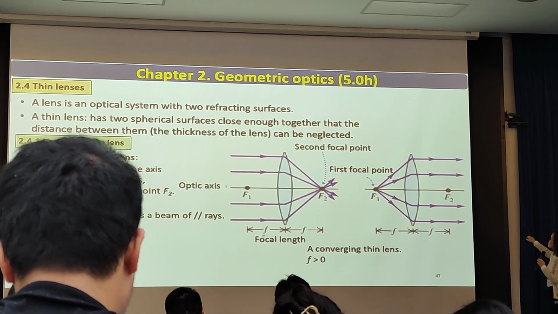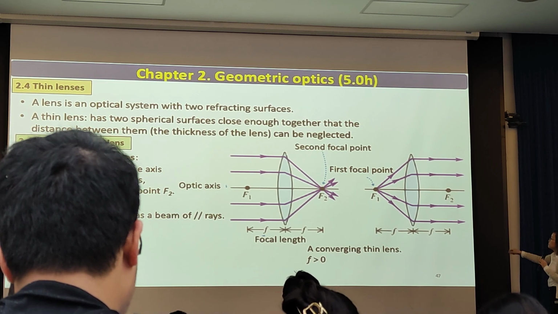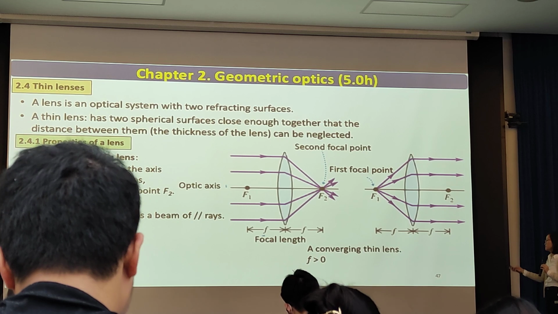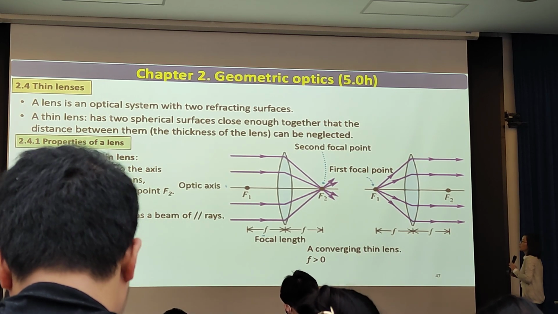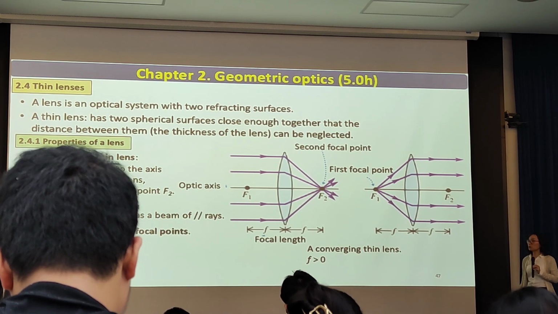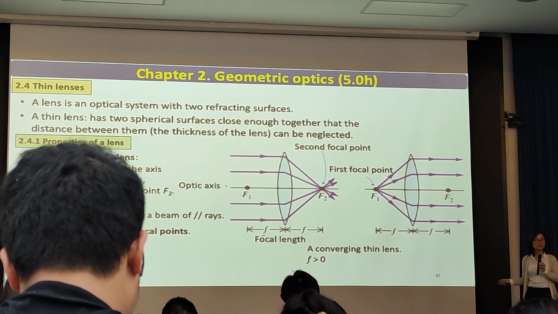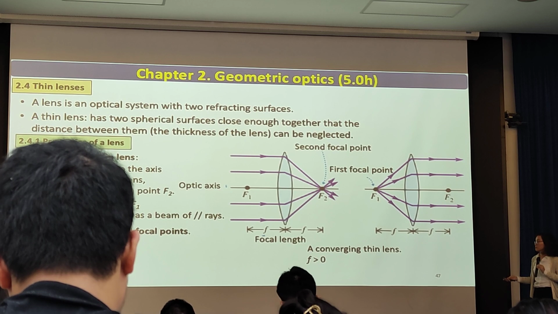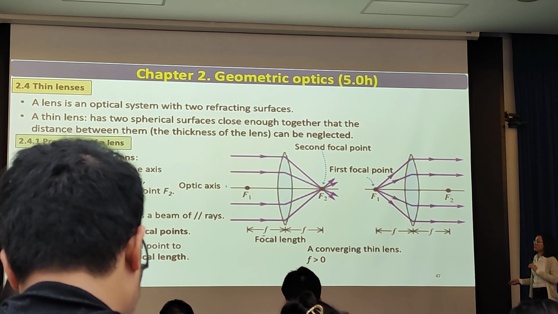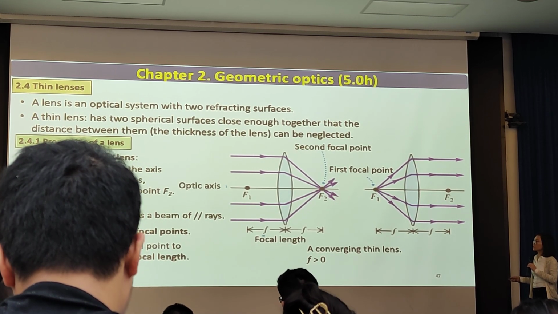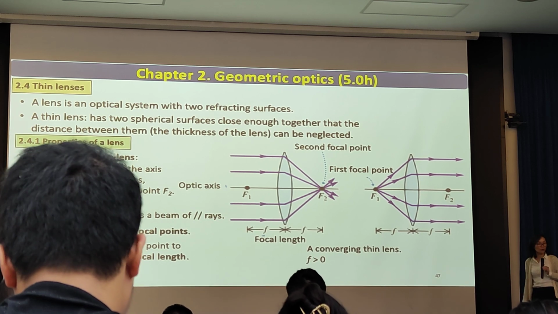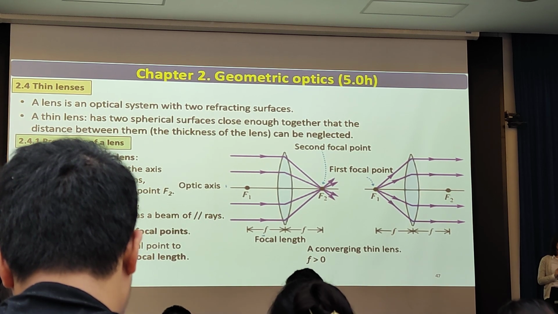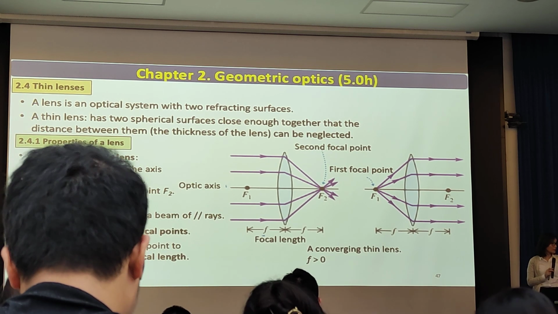And rays passing through F1 emerge from the lens as a beam of parallel rays. So F1 and F2 are called the first and second focal points, because they focus the light. And small f is the distance from the focal point to the center of the lens, called the focal length. So if you understand well the part about the spherical surface, then we move on.